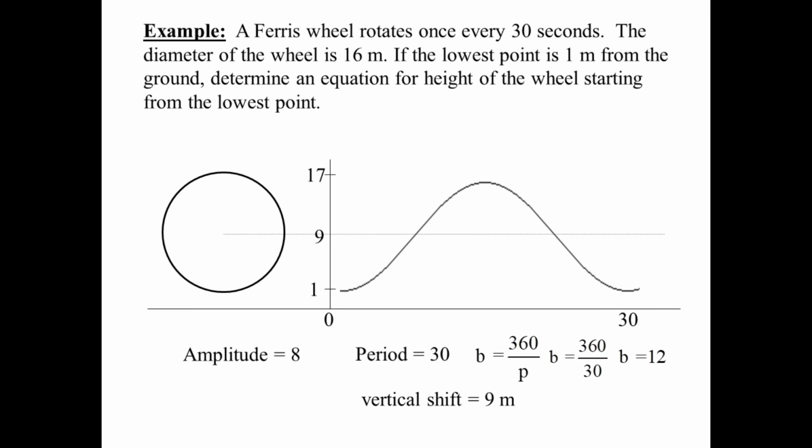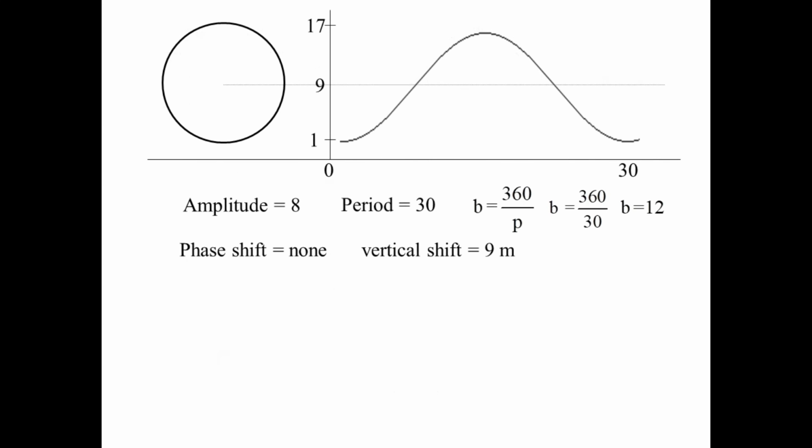So now that we have amplitude, period, and shift, we can go to making our equation. And once again, we might consider this to be an inverted cos curve. So we can construct an equation thinking about an inverted cos curve. There's one. Negative because it's inverted.